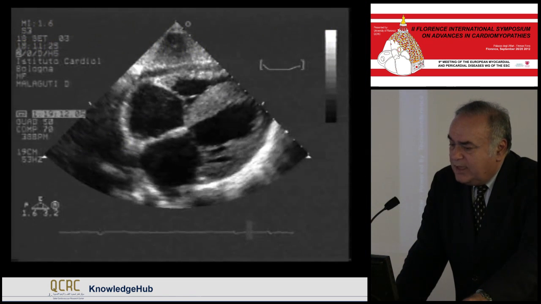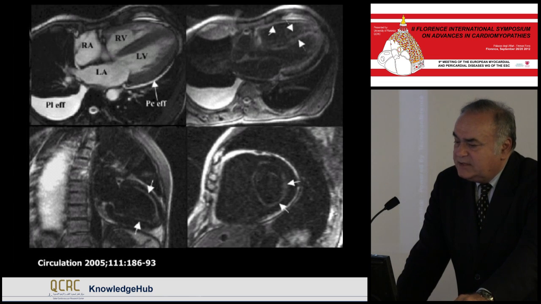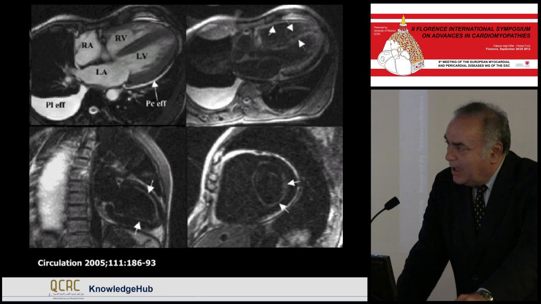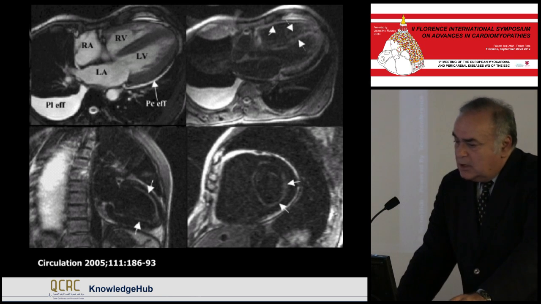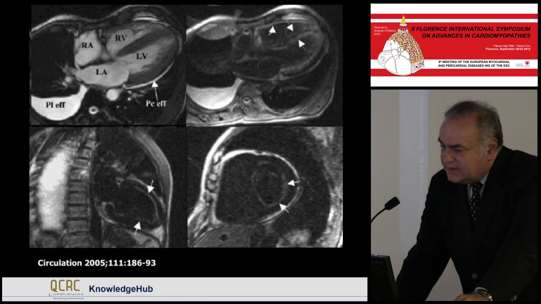I'm not going to speak about echo. It's too easy, it's too popular, and time goes by. Just a concept related to MRI. Once upon a time, at the beginning of the era of MRI evaluation of amyloidosis, we supposed that this pattern, subendocardial accumulation of gadolinium, was specific and sensitive.